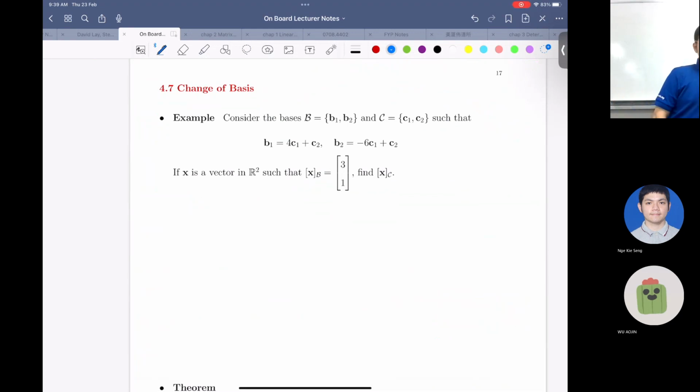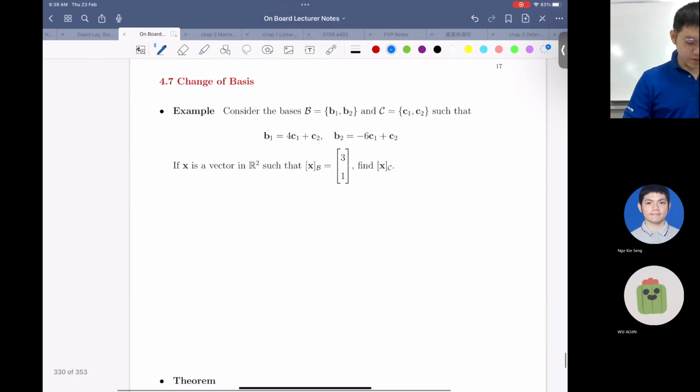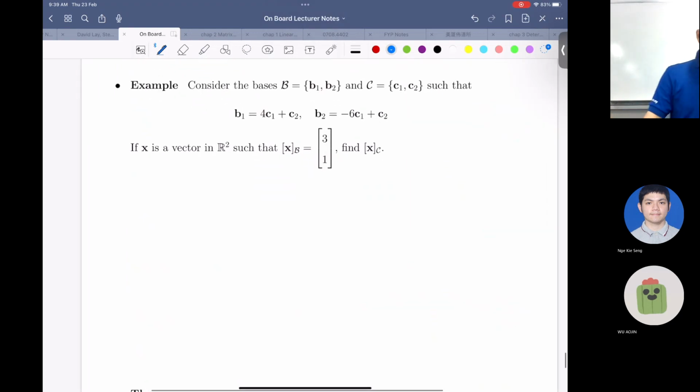Okay, change of basis. Just now we already produced two bases for R3. Let's see what we can do when we have a change of basis. Let's look at this example first. Consider you have two bases, B1 and B2, and C1 and C2.